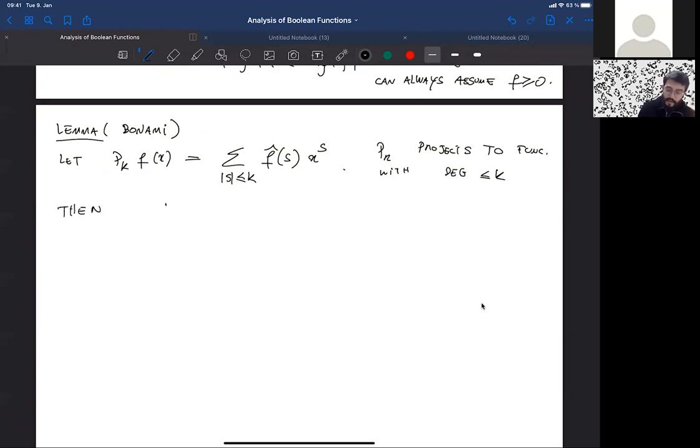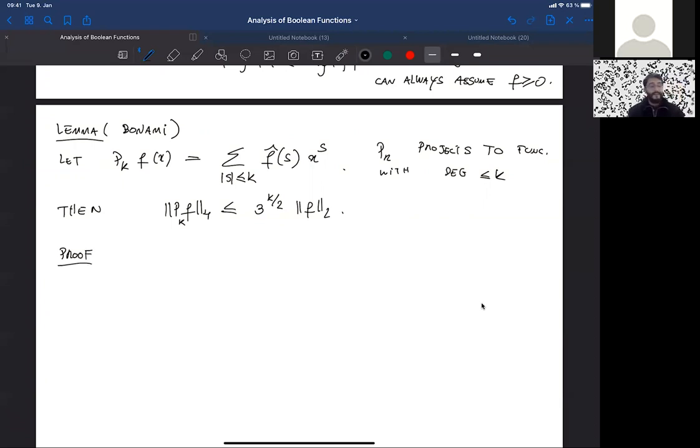Then you ask, what is the norm of this projection Pk as an operator from L2 to L4, and Bonami gives the constant. Okay, and the proof is actually very nice.